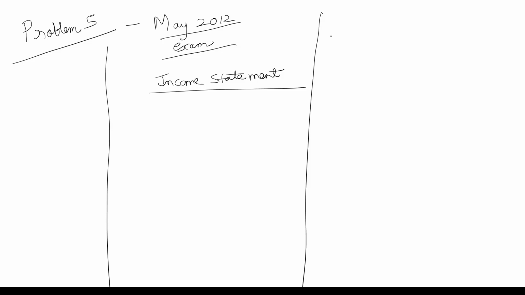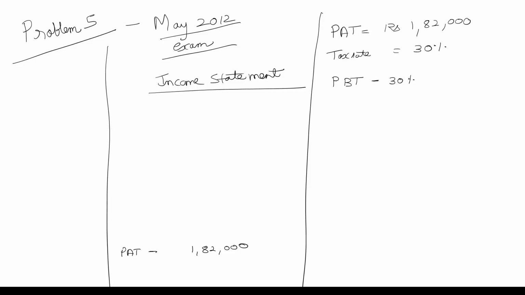So if you see here, we have profit after tax, and this profit after tax is given as rupees 1,82,000. We know that the tax rate is 30%. So there would have been a profit before tax, and 30% of this would have been paid as tax.